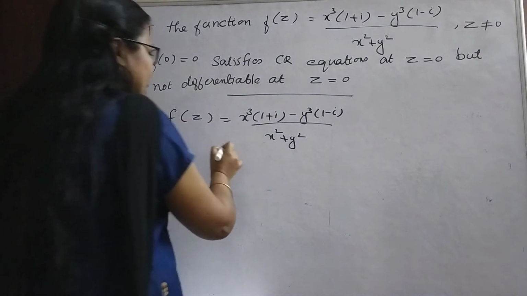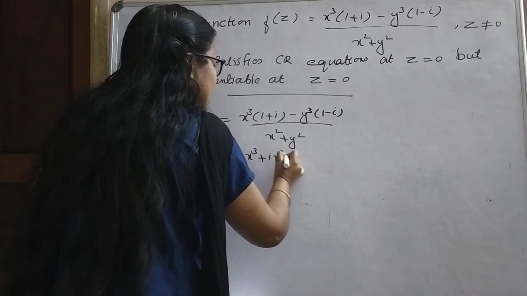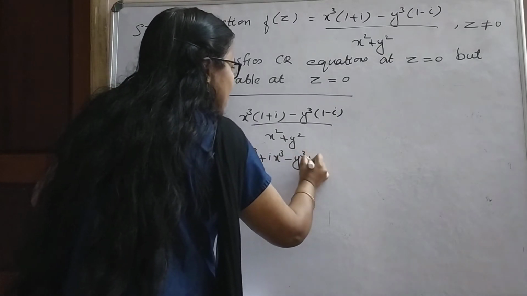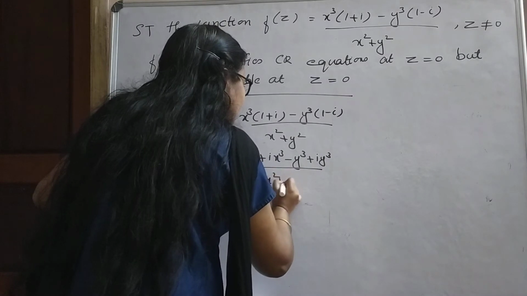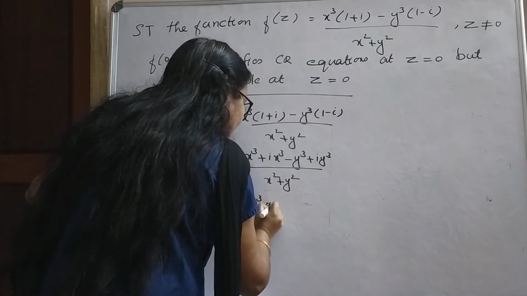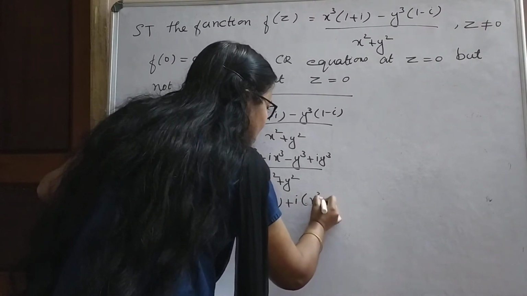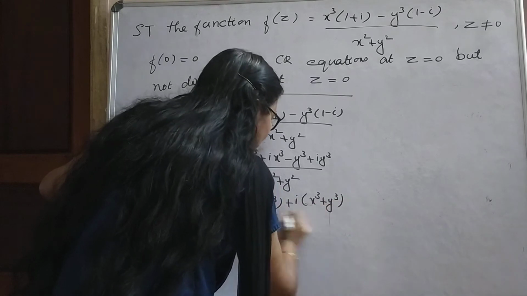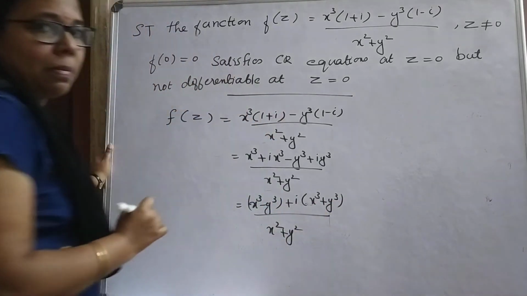By opening the brackets, we get x cube plus i x cube minus y cube plus i y cube by x square plus y square, which is equal to x cube minus y cube plus i into x cube plus y cube by x square plus y square.